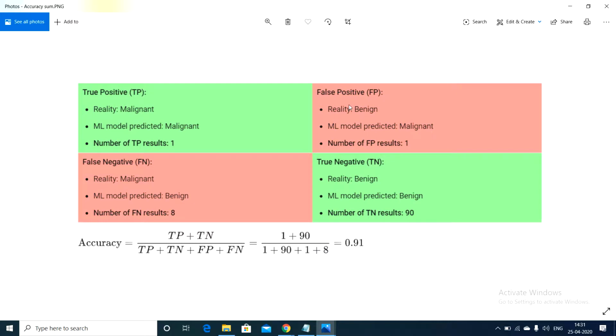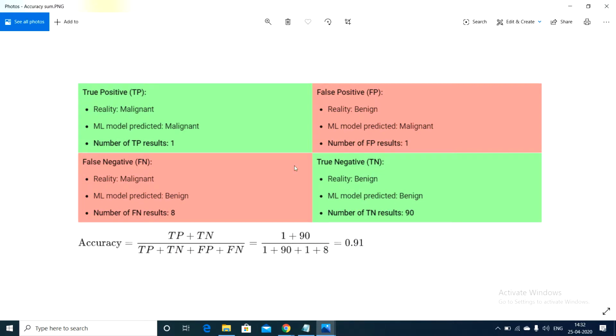Let us assume we trained one model and took 100 samples: true positives 1, false positives 1, true negatives 90. In reality it is class 2 and it is also predicted as class 2.